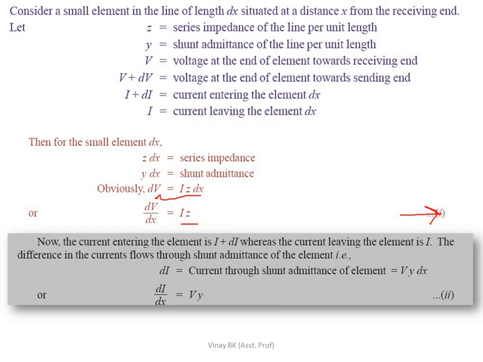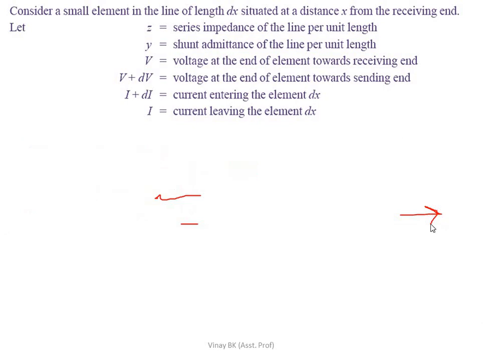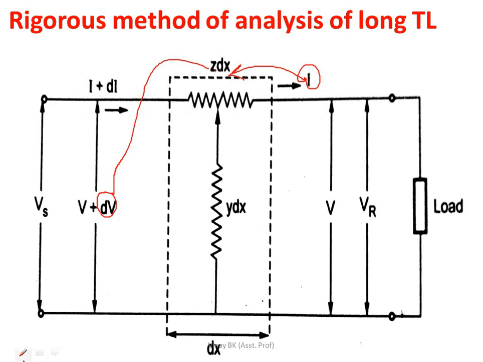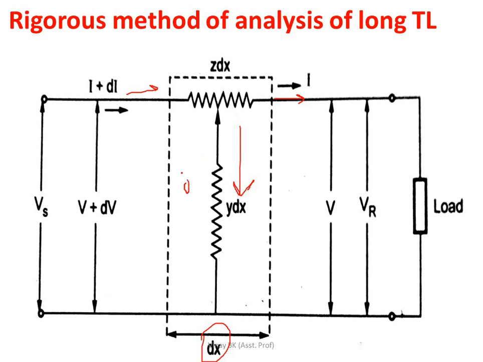Now the current entering the element. The current entering the element is I plus dI, whereas the current leaving the element is I. The difference between the currents flows through the shunt admittance of the element, that is the small change in current dI.